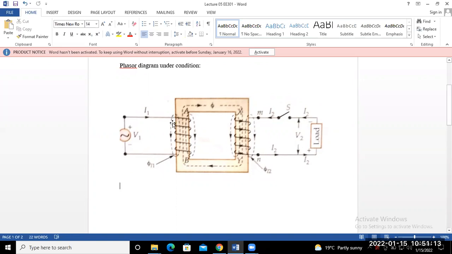What is this dotted line across this coil and this coil? What is this dotted line? Anyone? So, leakage flux. Leakage flux of the primary coil.